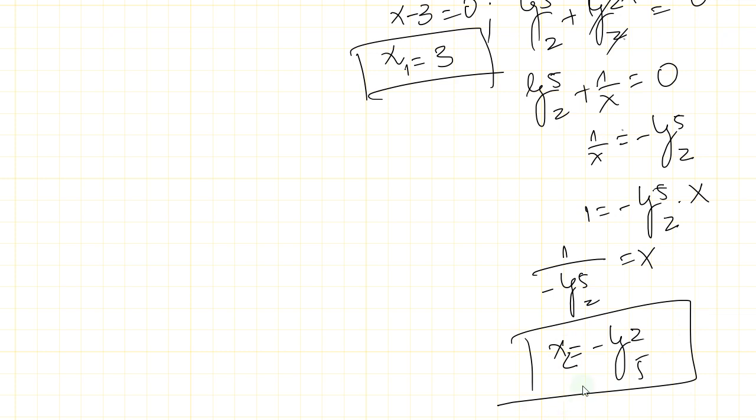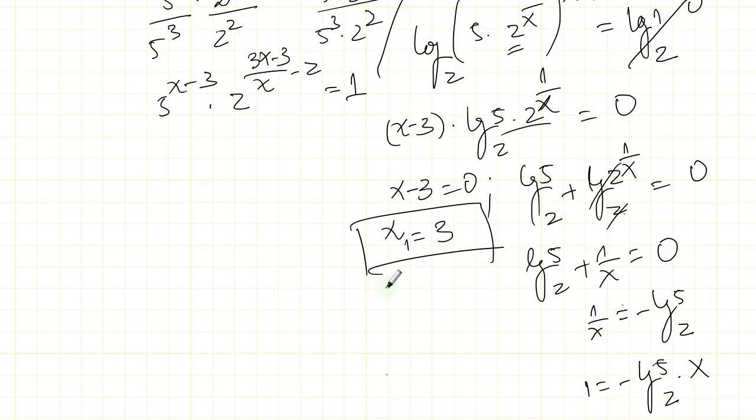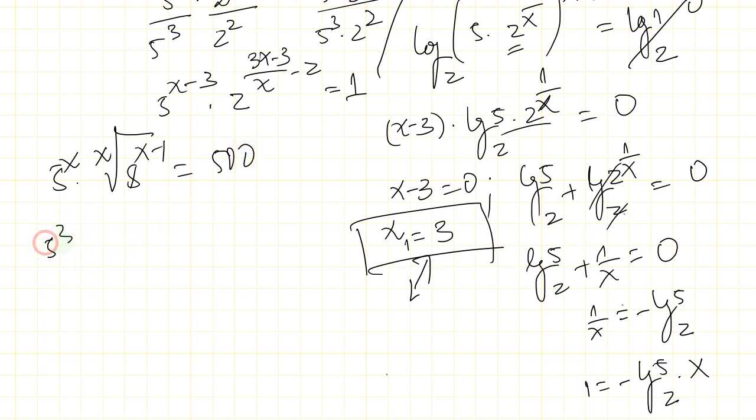Okay, guys, so let's check our answers. Let's pick this one here, which is going to be easier and save us some time. So we're going to have 5 to the x, and then we have the cubic root of 8 to the x minus 1, and this is 500. So this is then 5 to the 3 times the cubic root of 8 to the power of 3 minus 1, it's 2, equals 500.